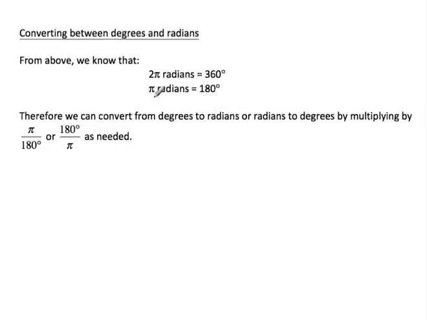So therefore, because pi radians is equal to 180 degrees, pi over 180, or 180 over pi, can be used as a conversion factor where each is essentially equal to 1. Multiplying by pi over 180 or multiplying by 180 over pi is not going to change the size of the angle, it's just going to change the units that we're working in.